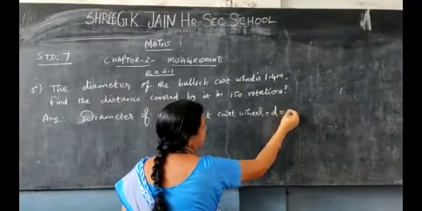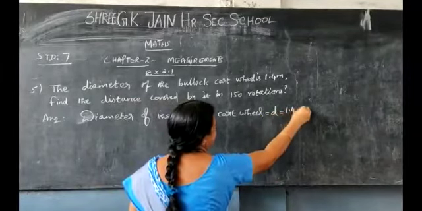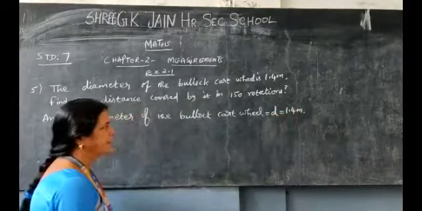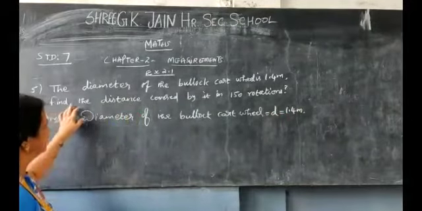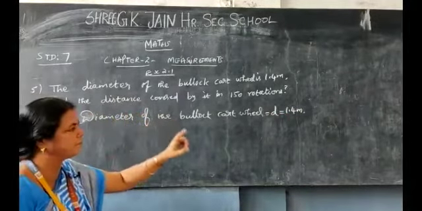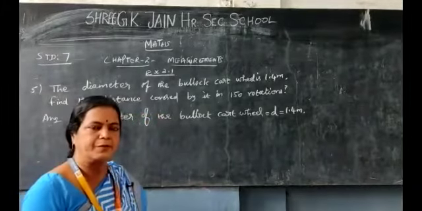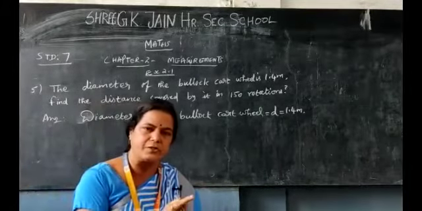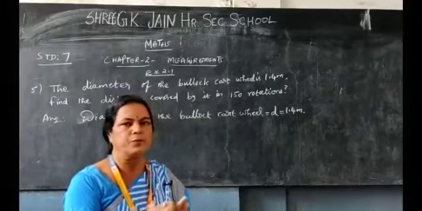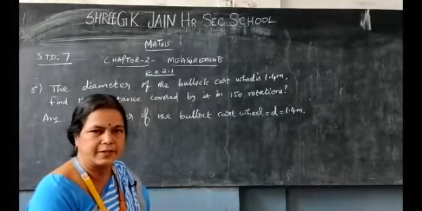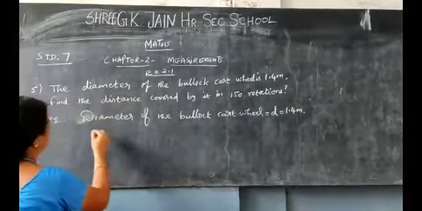D equal to 1.4 meter. It is given there. Now next, they are saying find the distance covered by it in 150 rotations. For that purpose, you are going to find the distance in one rotation. Then it's easy for you to find 150 rotations, isn't it, children?